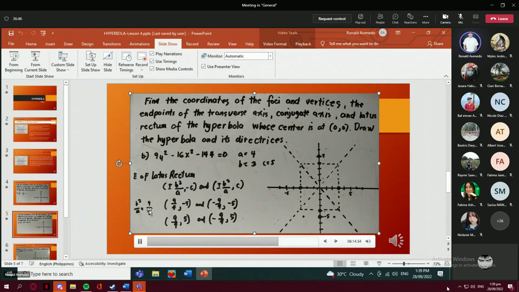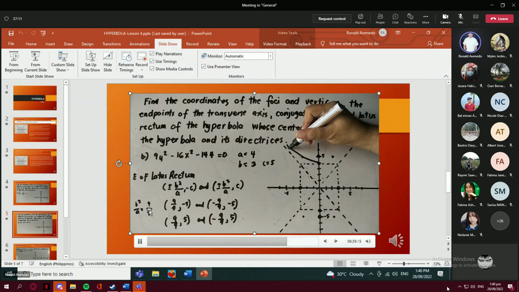Then positive 2 and 1/4, positive 5. Then negative 2 and 1/4, positive 5. So we can now connect. It will not touch this line.